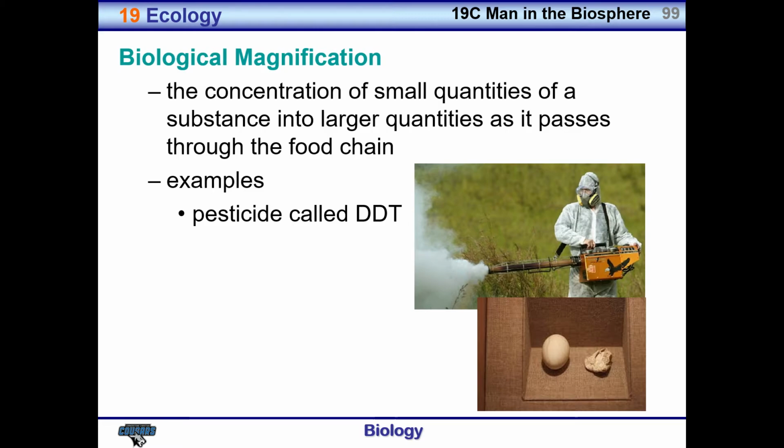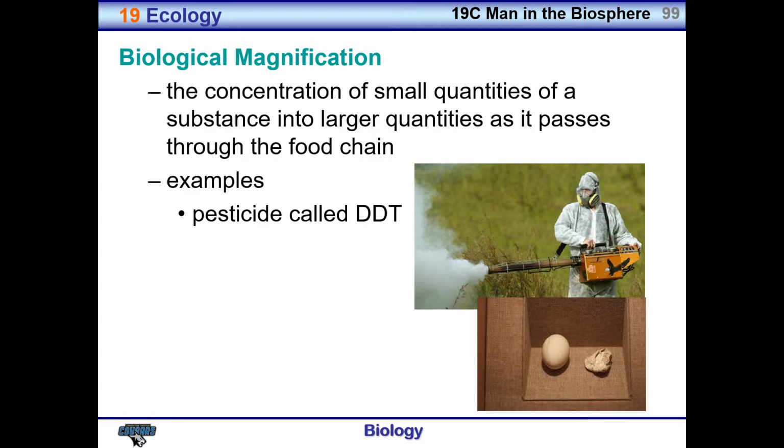And the DDT doesn't kill all the insects. Some of the insects got that DDT on them, and then if predatory birds would eat these insects, they would get the DDT in them. As they kept eating more of these insects, the DDT would accumulate in their body. So that's what we call biological magnification. It's becoming more magnified in that bird's body.